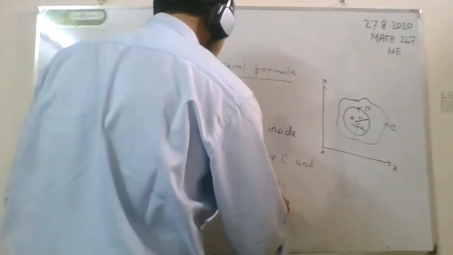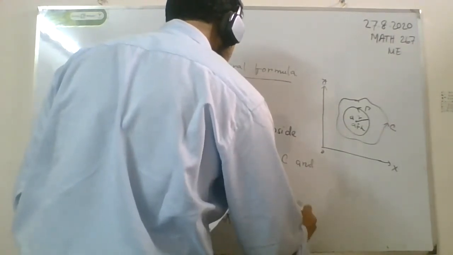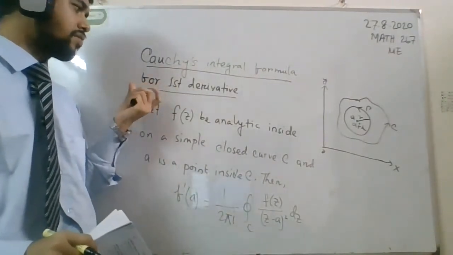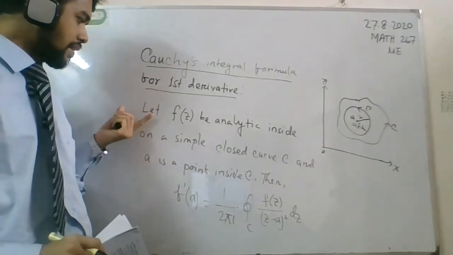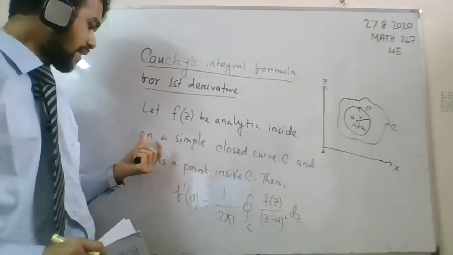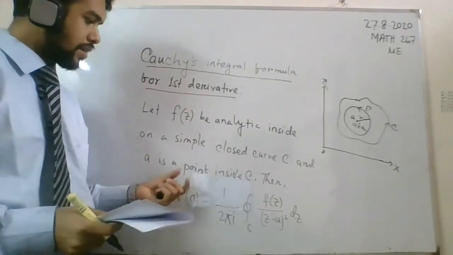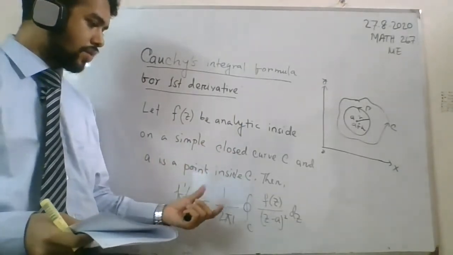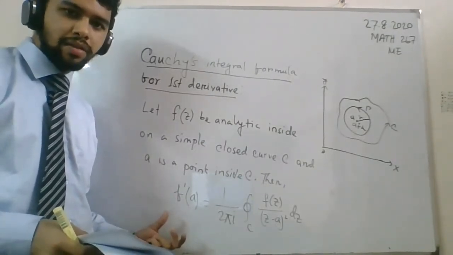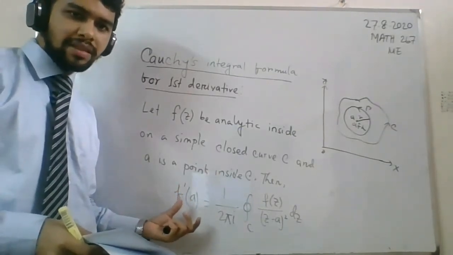f(z) divided by (z minus a) square dz. So here is the statement of the Cauchy integral formula for the first derivative: f(z) be an analytic function inside and on a simple closed curve C, and a is a point inside C. We saw the Cauchy integral formula f(a) equals 1 by 2 pi i closed integral f(z) divided by z minus a dz.